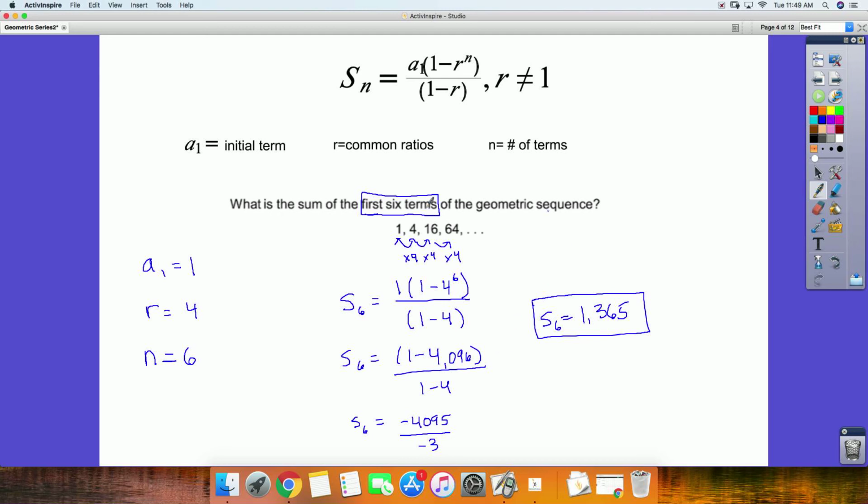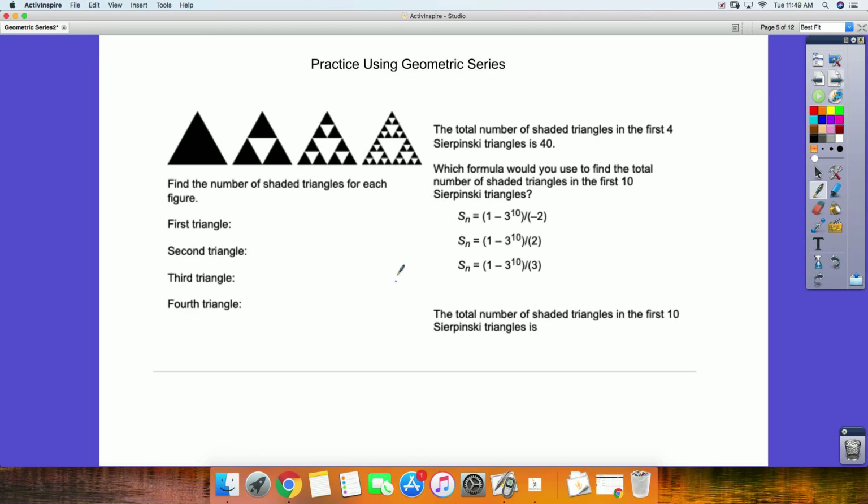So hopefully you're getting the hang of using this formula, because now we're going to practice using it in a real-world application. These are called Sierpinski triangles. And notice there's a pattern. And in this case, the pattern we're looking for is shaded triangles. So if we look, our first triangle is one big shaded triangle.